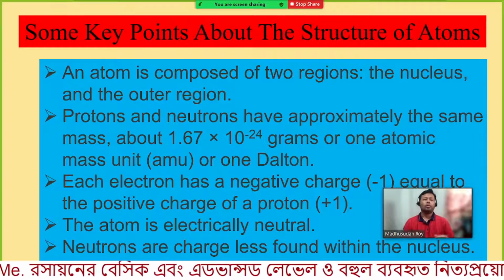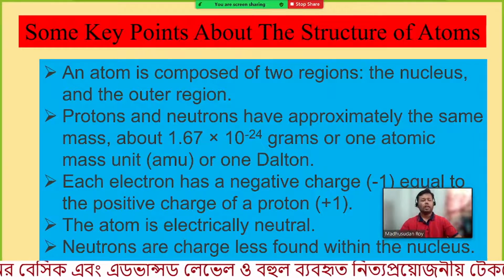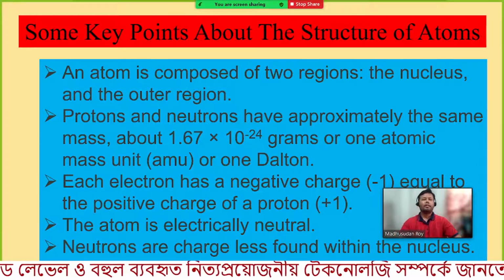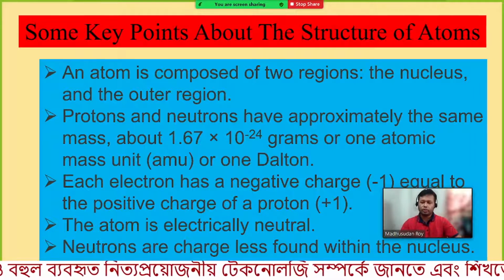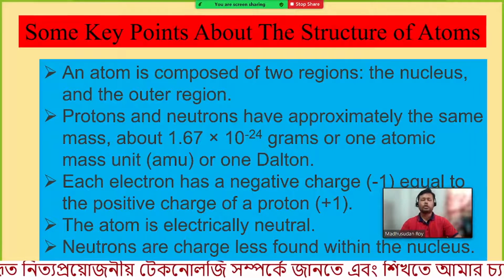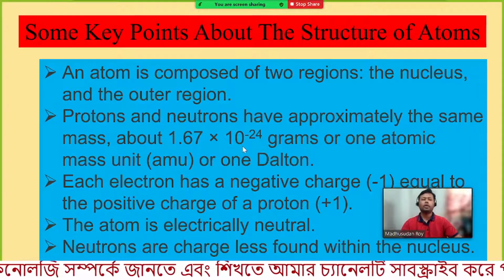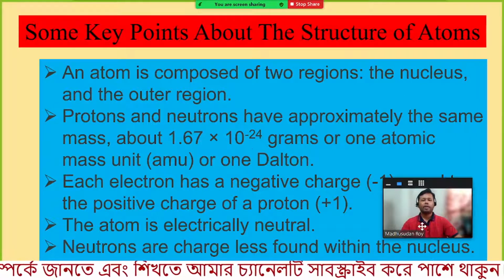That means the mass of a neutron and a proton are approximately the same, around 1.67 times 10 to the power minus 24 grams.